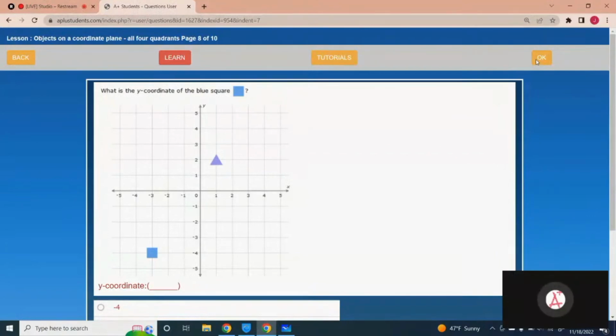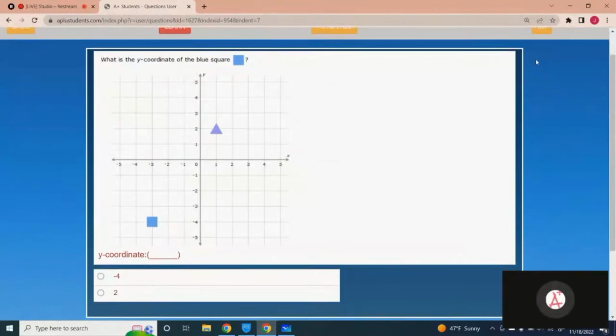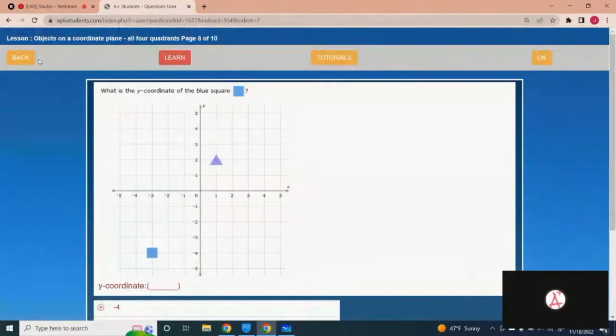Okay, what is the y coordinate of the blue square? Be careful while answering. What is the y coordinate of the blue square? -4 or 2? The y coordinate, yes, very good. It is -4. Okay, you can complete the test by yourself later today.